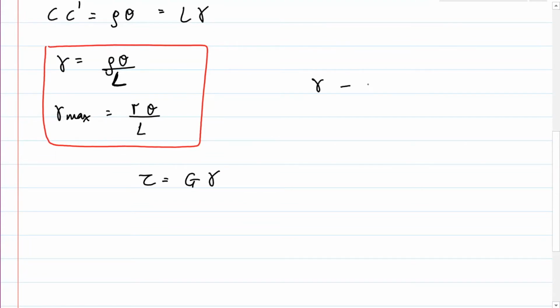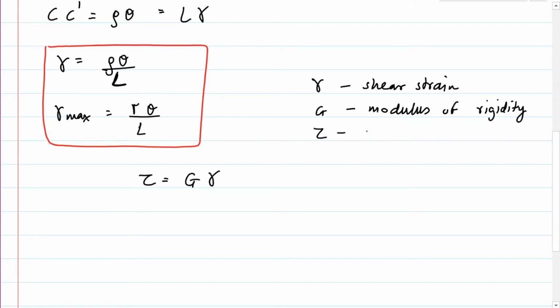So gamma is shear strain, G is modulus of rigidity, tau is the shear stress.